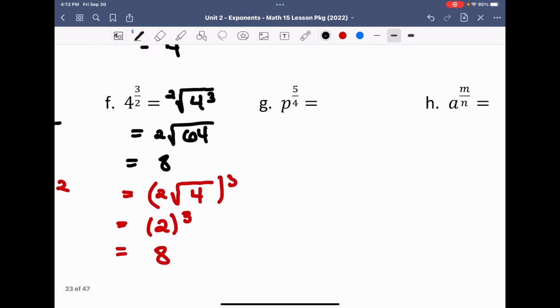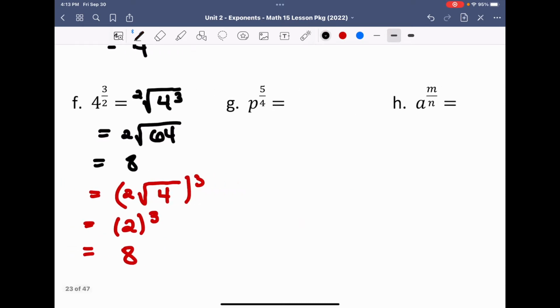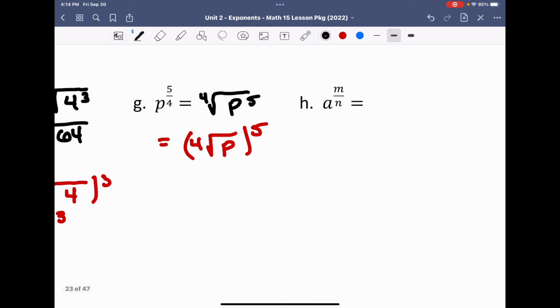So now we move over to example g here, and we have things in terms of a variable. I could write this in two ways. I first start by writing my radical. I assign my denominator to the index and my 5 or my numerator to the power. But I could also rewrite this as the fourth root of p all raised to the exponent of 5. And then similarly with h, I could do that exact same thing.